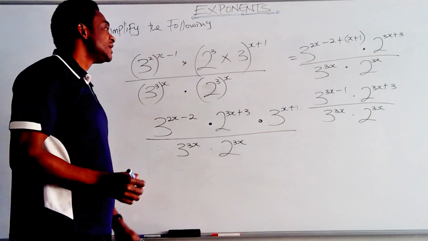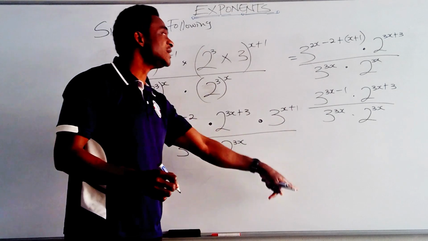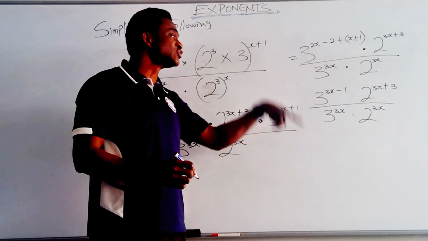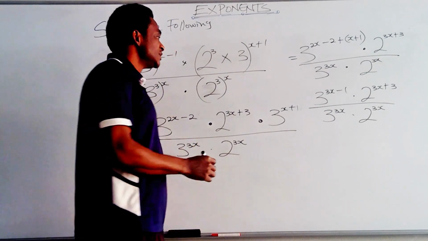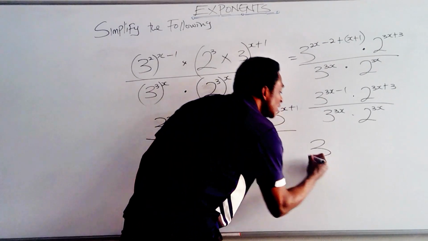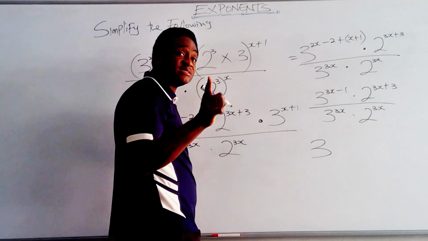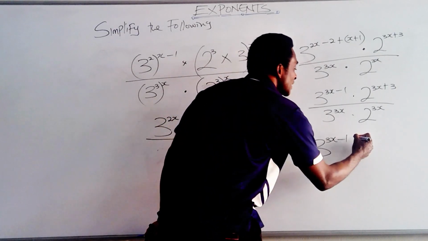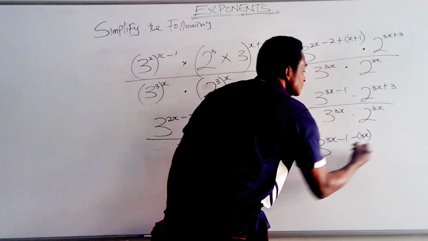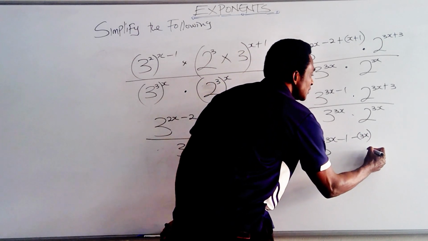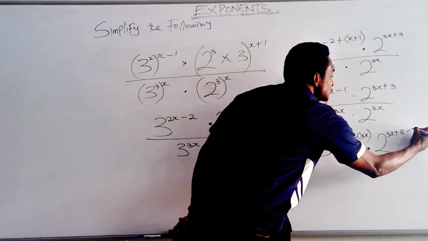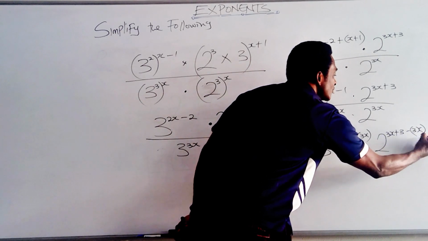Now, going to the final step, we can apply the laws of division of exponents. It says when you are dividing, subtract the exponents. So here, I will take a common base, and then subtract the exponents. I have 3x minus 1 minus 3x, into 2 to the power of 3x plus 3 minus 3x also.